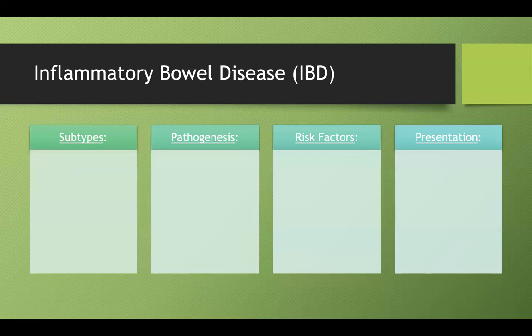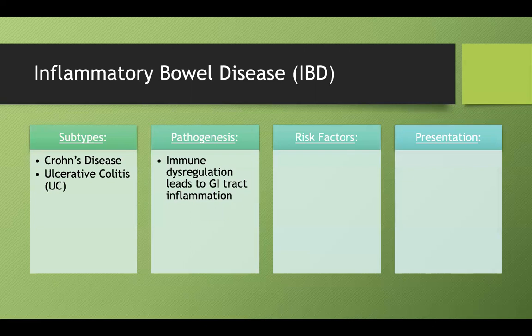And for this part, I'm going to talk about some of the similarities between Crohn's and UC. So if you haven't already inferred that from what I'm saying, there are 2 subtypes of IBD, Crohn's and UC. What happens in both of these diseases is that you have some sort of autoimmune dysregulation that causes inflammation of your GI tract. There are some risk factors.